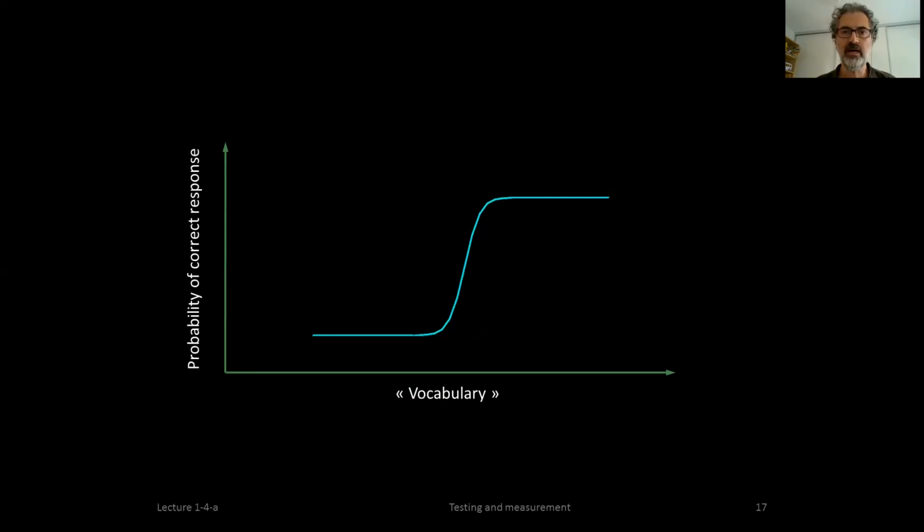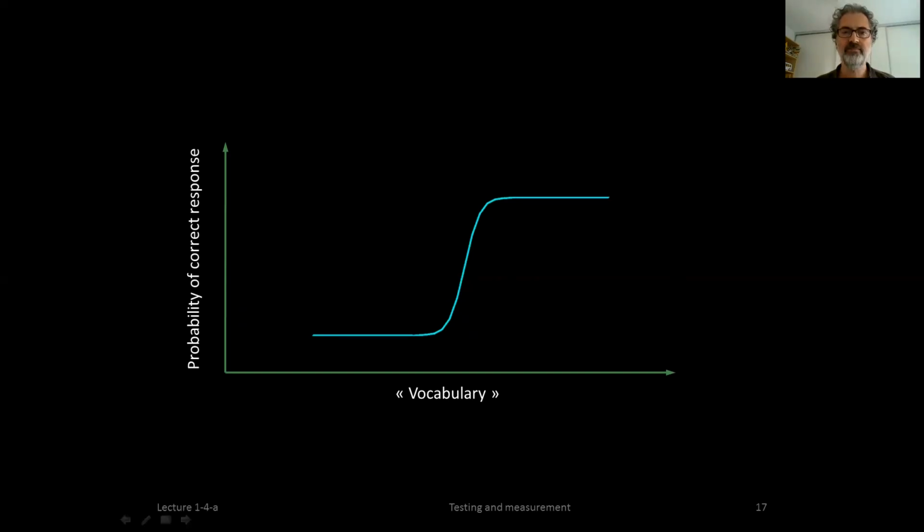So a good item in such a test is an item that has very low probability of correct response for those with low vocabulary, very high probability of correct response for those with high vocabulary, and a transition area in the middle that just joins them without going back and forth. This is what we're striving for.